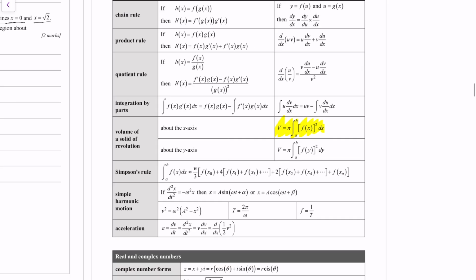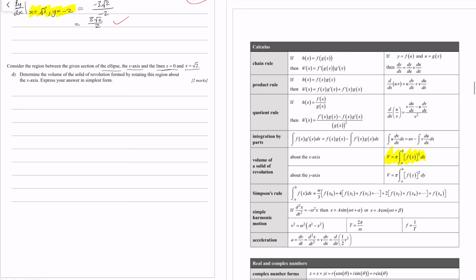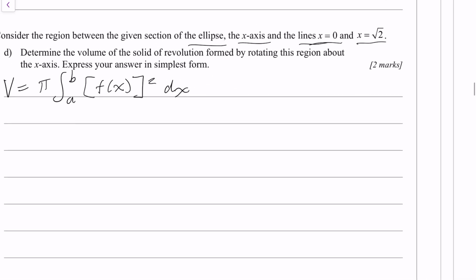I would rewrite that just so I have it with me. And then I would start to note down my a and b values. So a is 0, b is equal to square root of 2 because those are my boundaries.